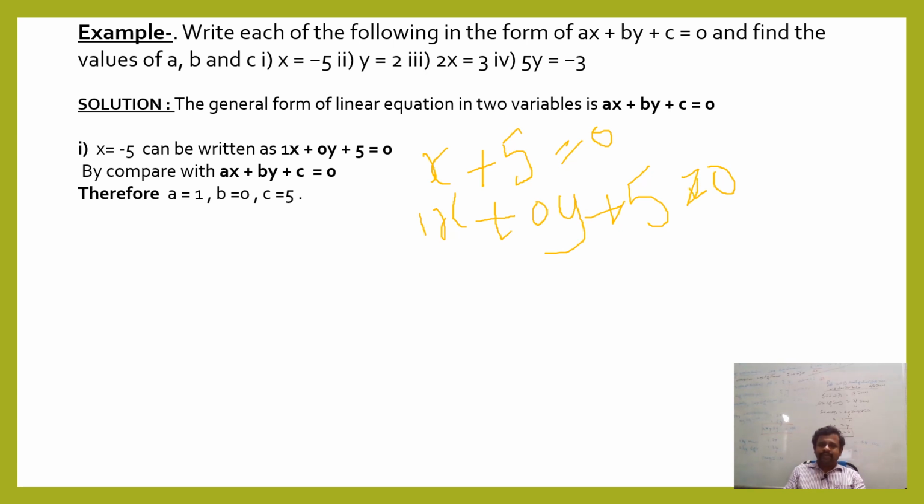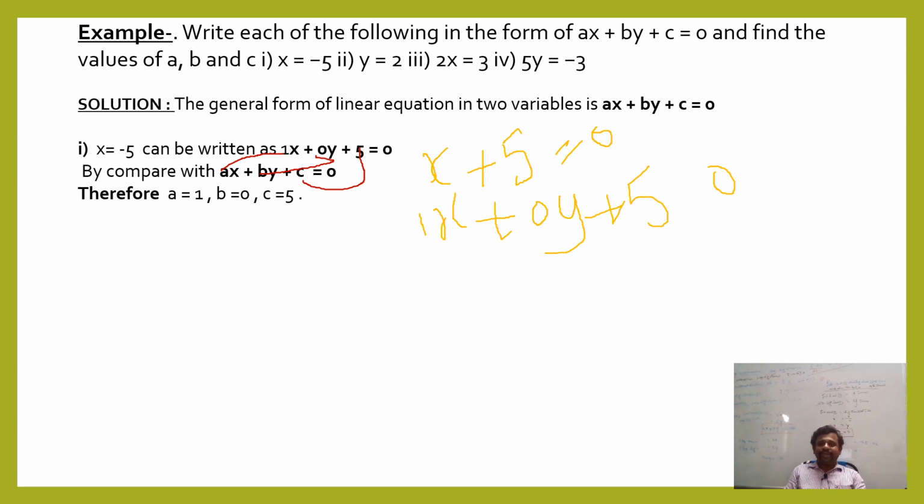Observe here, a is equal to 1, b is equal to 0, c is equal to 5.